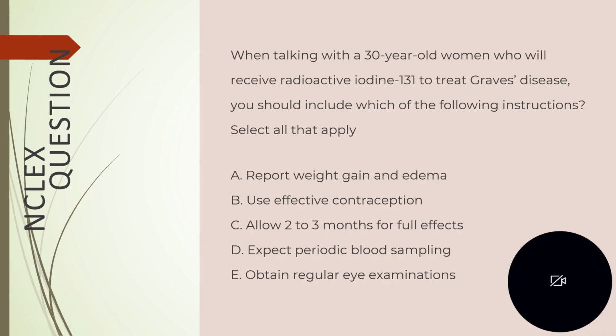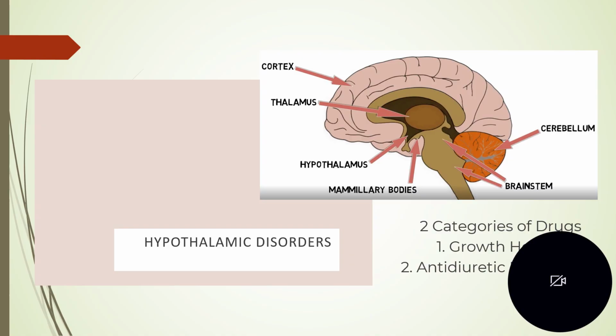Use effective contraception. Everybody raise your hand. Thank you. Allow 2 to 3 months for full effects. And expect periodic blood sampling. Yes. Okay. Obtain regular eye exams. No. Sure, why not? But no. Okay, so very good.